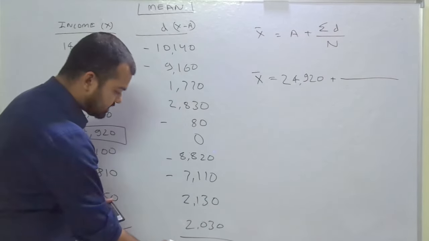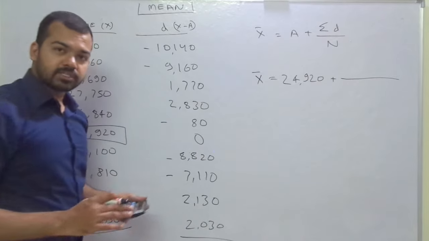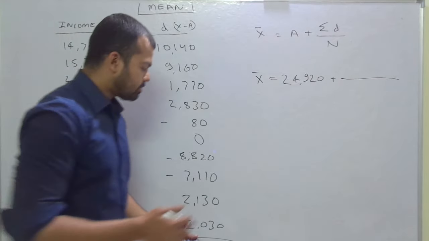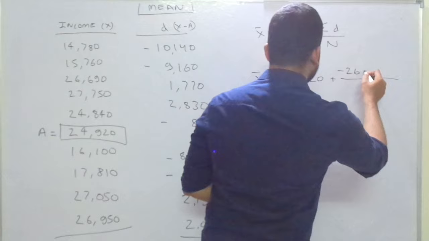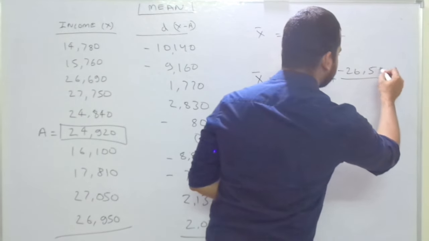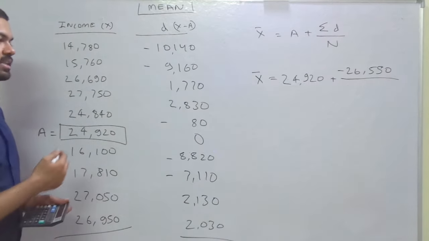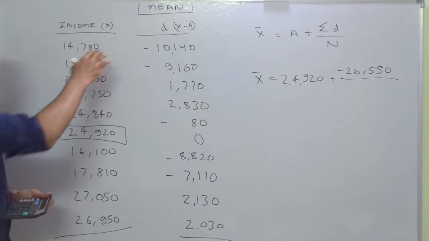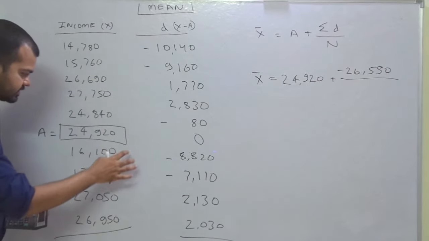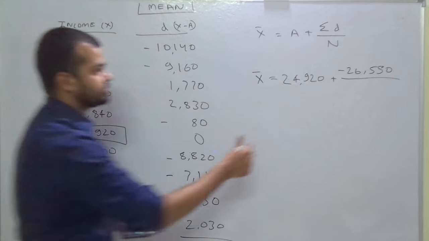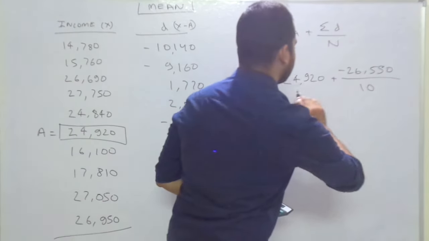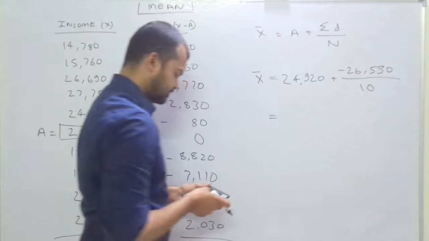If summation d comes out in minus or plus, it doesn't matter. And divided by n. Here n is the same: 1, 2, 3, 4, 5, 6, 7, 8, 9, 10. So this is 10.